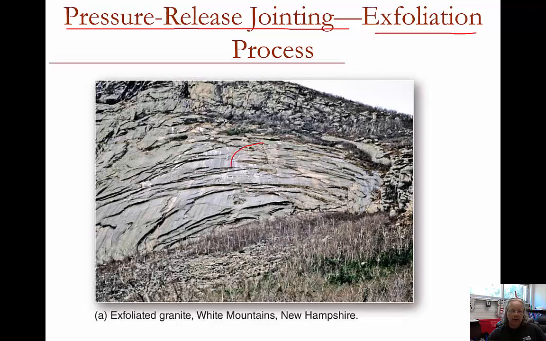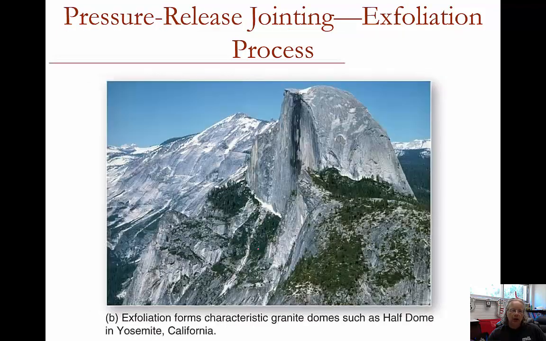If we were to pile tons of rock back onto these layers here, they would be smashed down and could not exfoliate. But as layers get chipped off, the pressure from within helps the rock break apart.